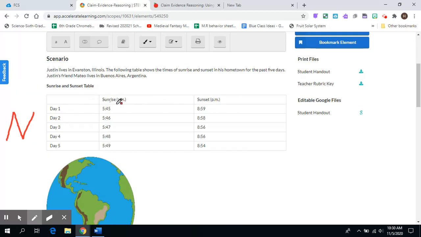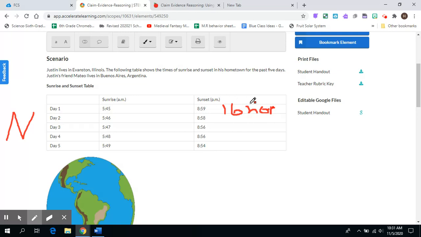So day one, the sunrise is at 5:45 a.m. and the sunset is almost at 9 p.m. So if you do the math, you can totally count on your fingers. That's about 16 hours. So about 16 hours there.